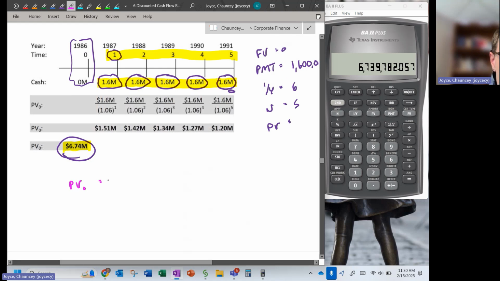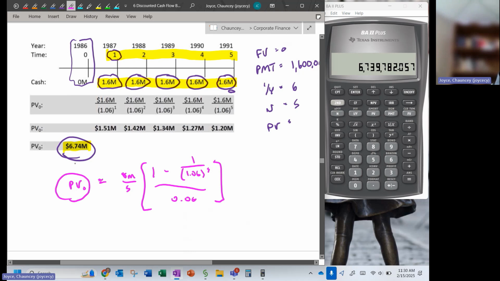So the present value today is just the 8 million over the 5 years times the 1 less 1 over 1 plus R to the fifth, over 0.06. So at that point, they have the same value. He's indifferent between the single lump sum of this amount or the annuity payment spread.